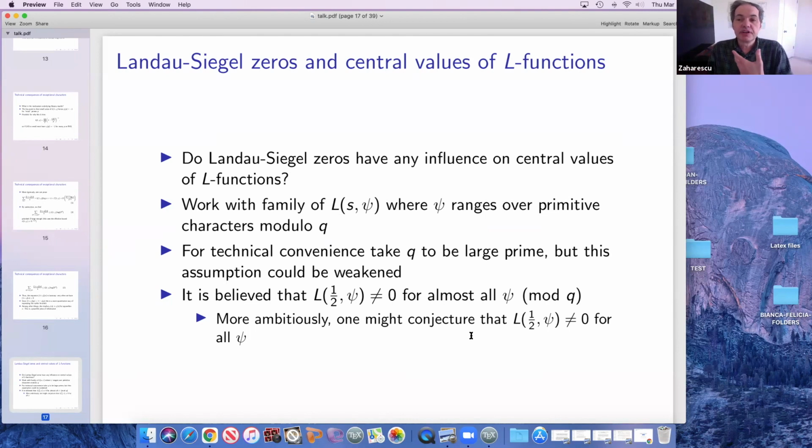The central values of L functions have been studied for a long time. We start with Dirichlet L functions.